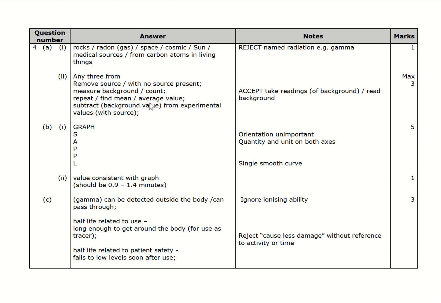Subtract the background from the experimental values with the source. So get the background radiation when there is no source present, and then when there is a source present, subtract the background radiation to get the count of the source.